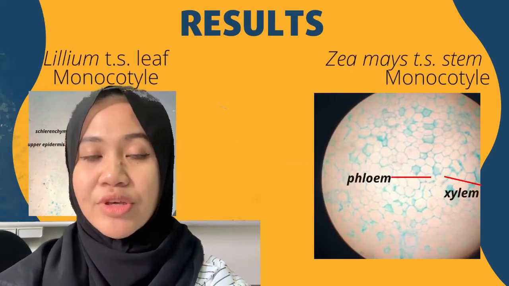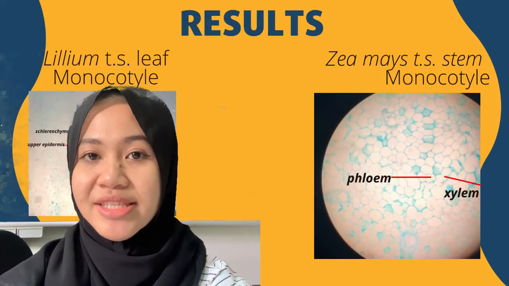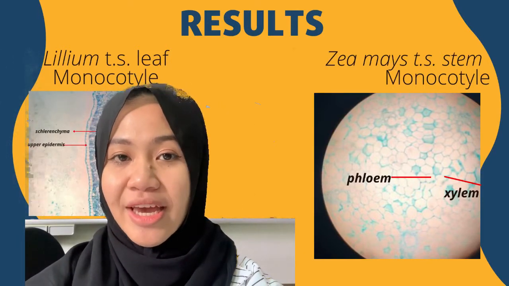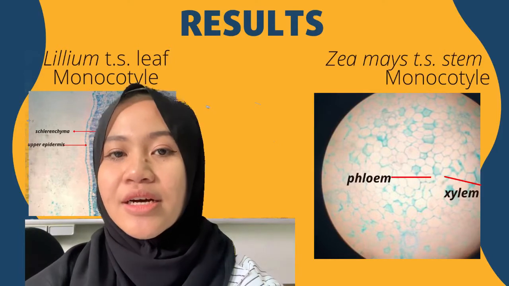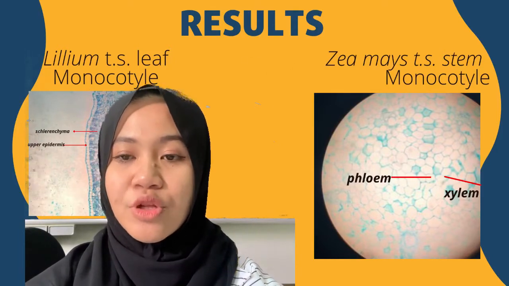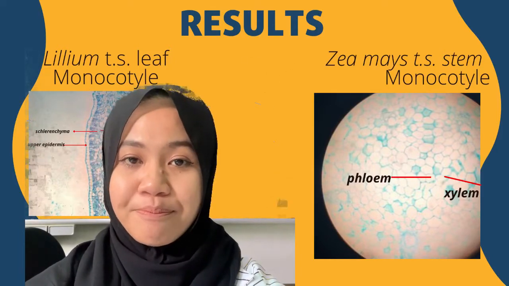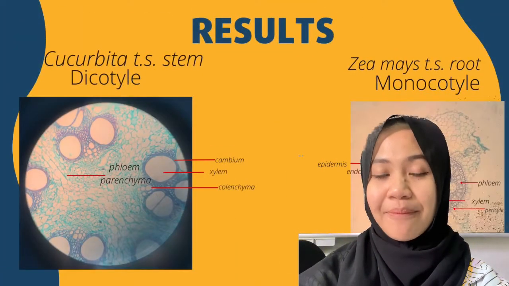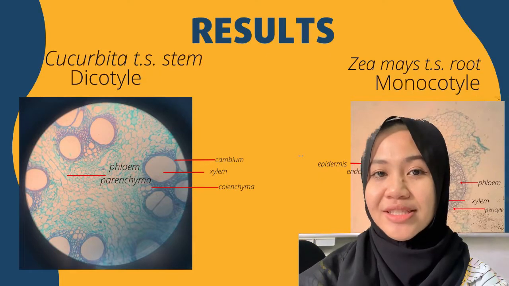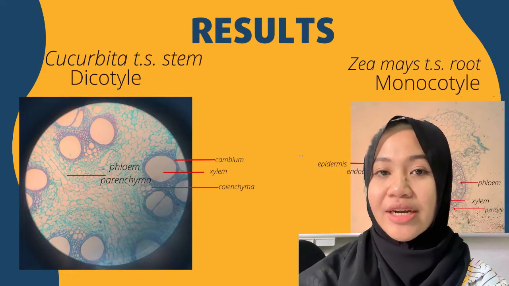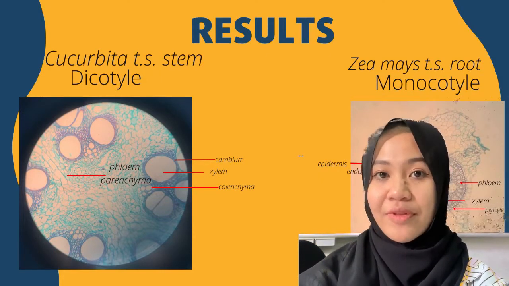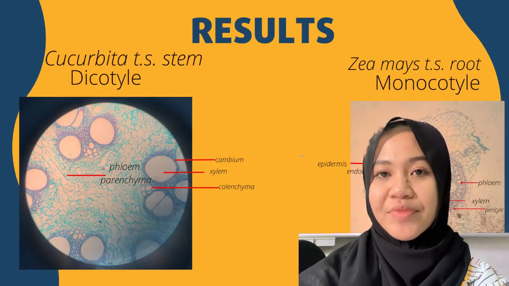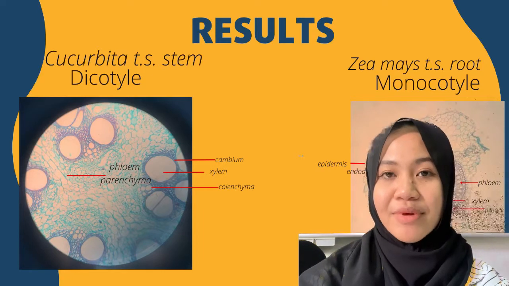The second is a zeamice transversal stem. It is classified as monocotyle, and we can see some structures, which are phloem and also xylem. The third is cucurbita transversal section stem. It is classified as dicotyle, and there are some structures that exist in this plant, which are phloem, parenchyme, xylem, collenchyme, and cambium.